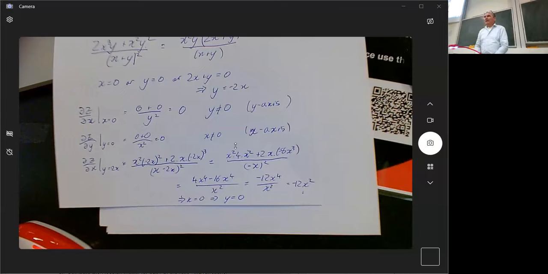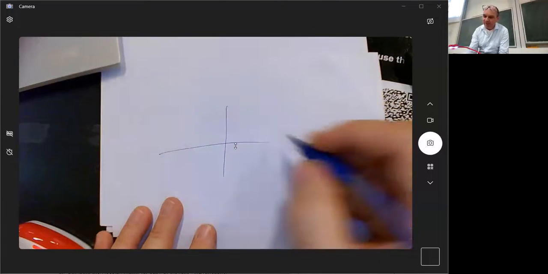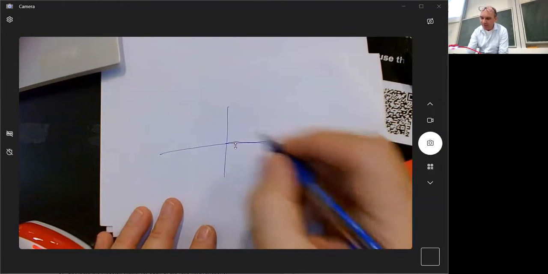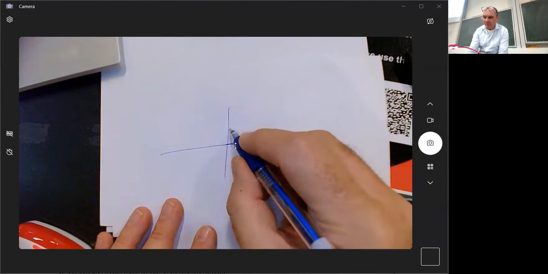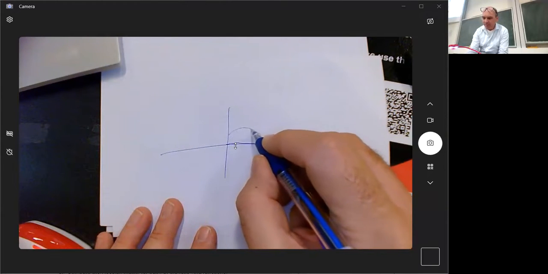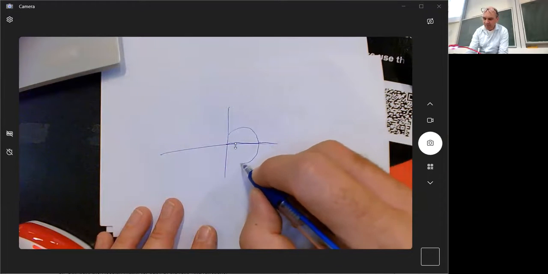And so if you imagine, I'll put the page over and try and do this. Along your x and y axis it's got to be 0 along here and 0 along here. It's probably going to come up and then it's going to come down.